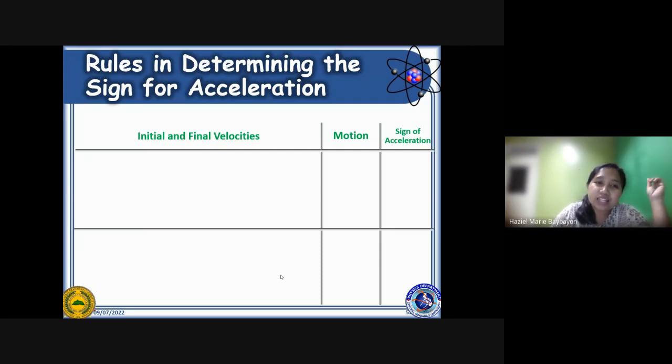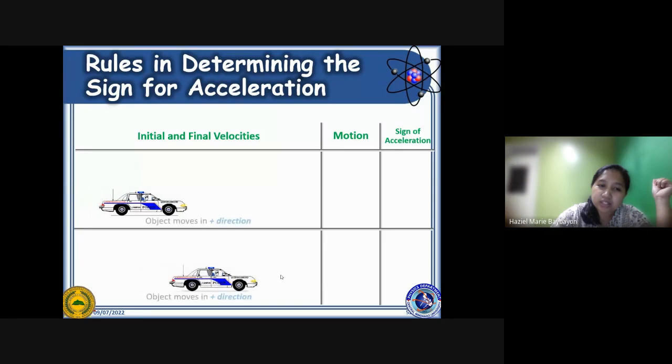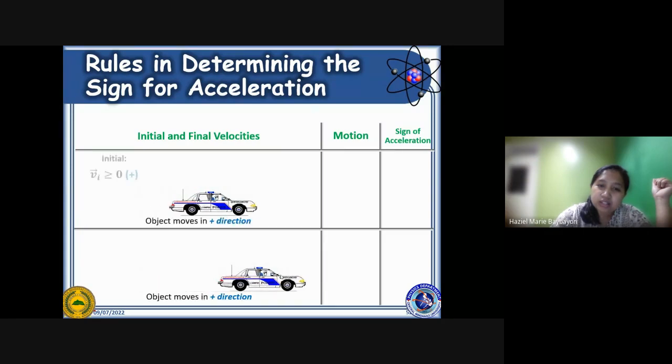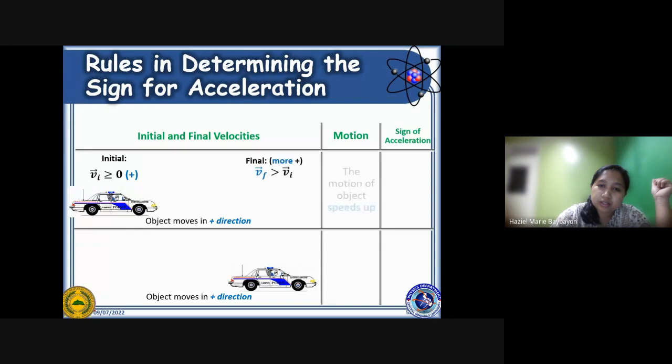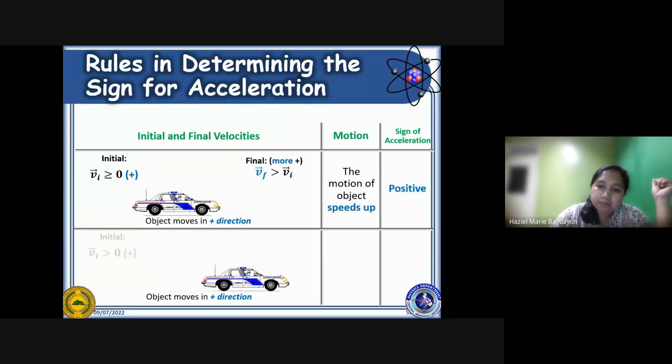Now, for acceleration, we need to consider the initial and final velocities as well as the motion. For example, we have here a police car that is initially hinay ang iyang dagan, no? Tapos nagkakusog siya. Meaning to say, it is speeding up.